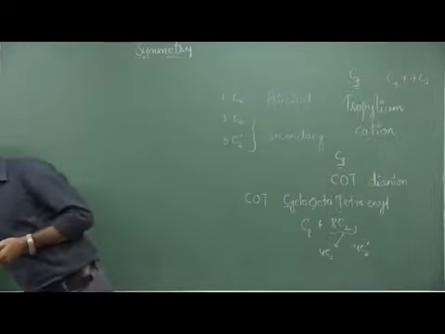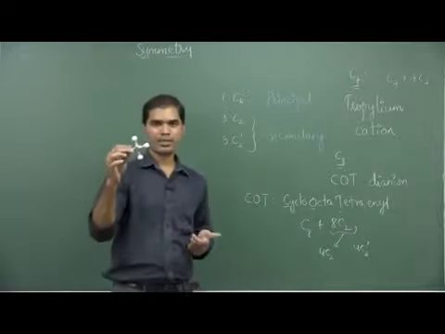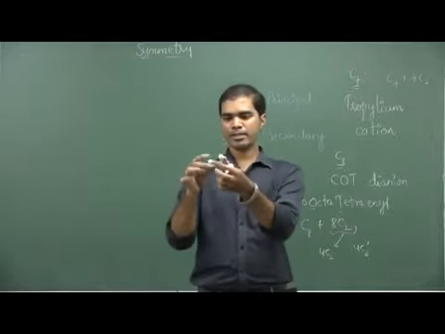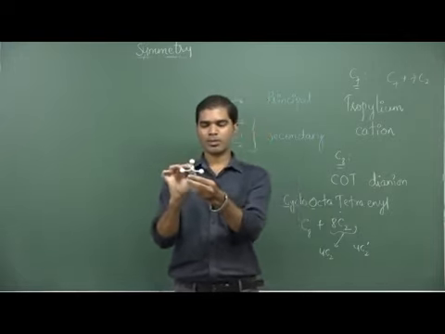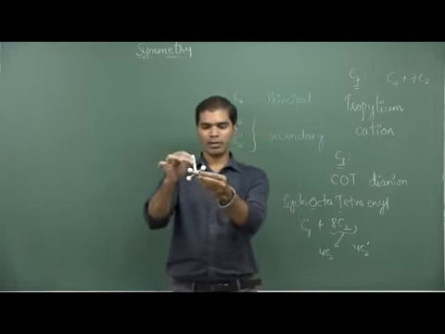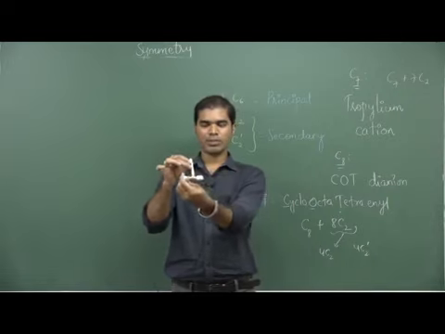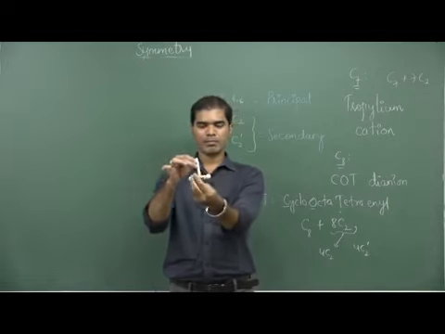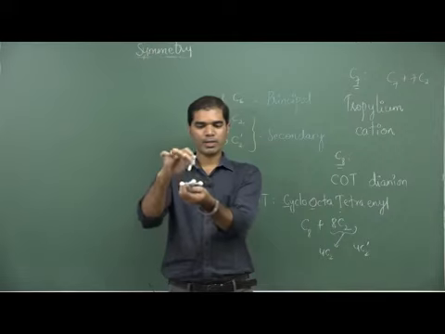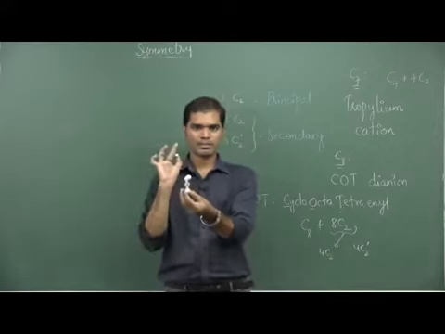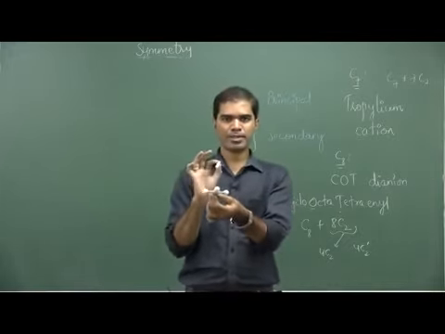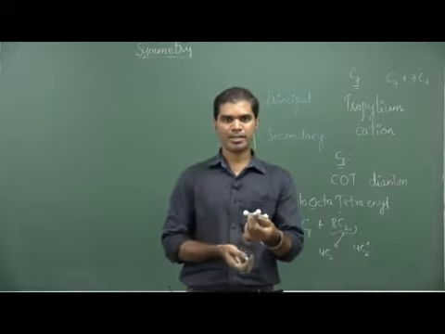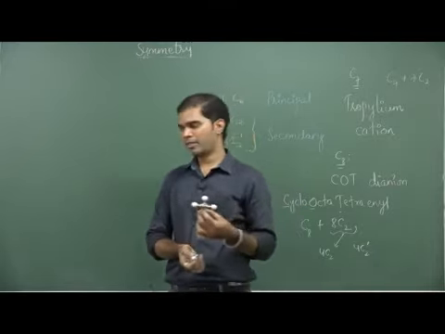When I say center, it is understood that it is the center of gravity. So it is that imaginary symmetry element that passes through the center of the molecule, around which, when a rotation operation is carried out, it will bring the molecule into a configuration that is indistinguishable from the original one. That can be the definition of rotational axis of symmetry, which is represented by Cn, a Schoenflies notation.